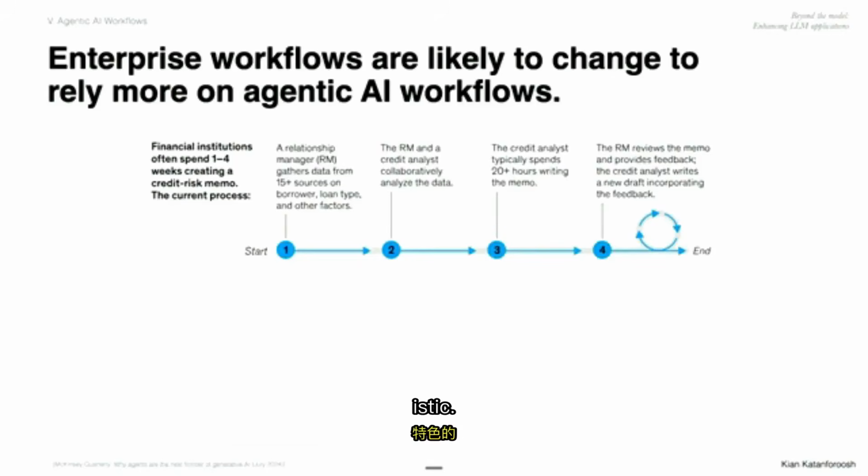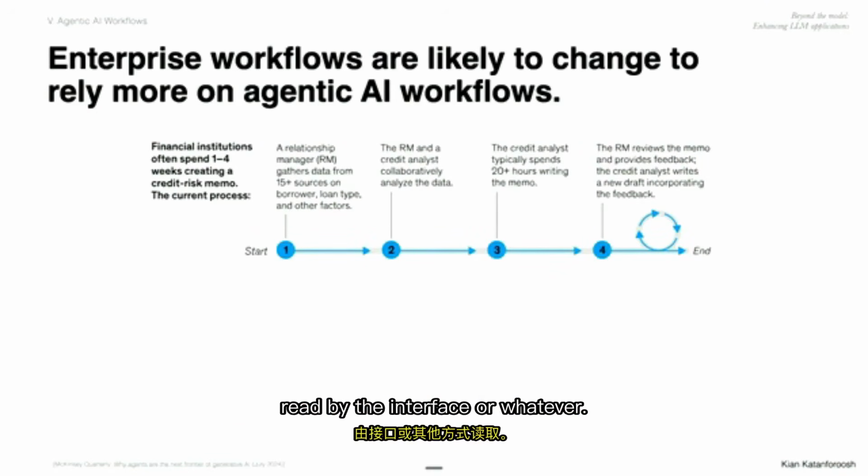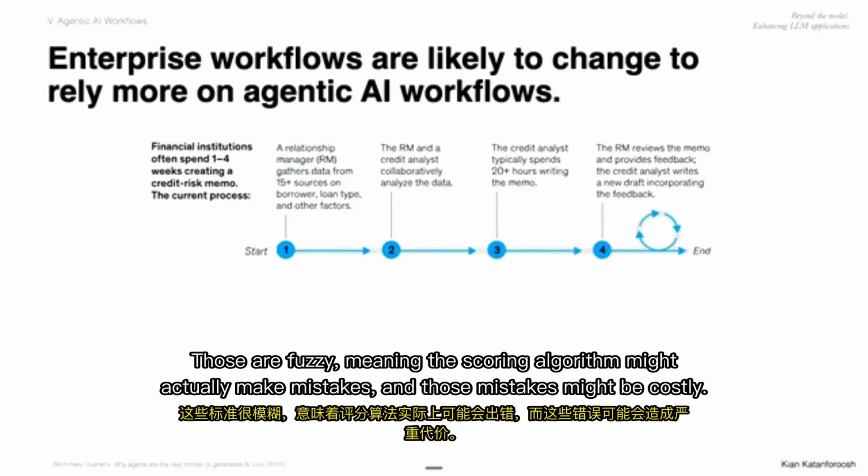It's fully deterministic. On the other hand, you sometimes have voice questions, where you go through a role play, or voice plus coding questions where your code is being read by the interface. Those are fuzzy, meaning the scoring algorithm might actually make mistakes, and those mistakes might be costly.